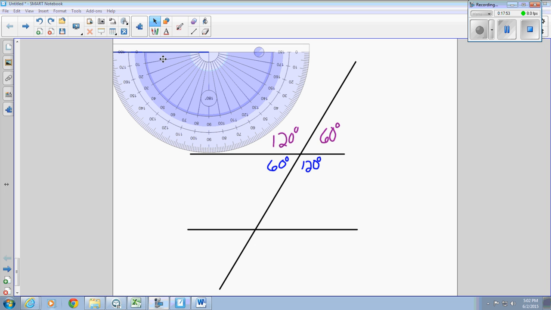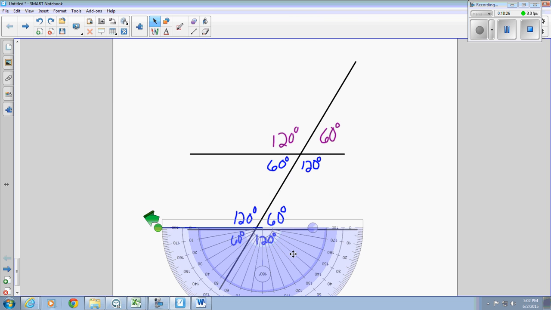The next thing that we need to know is that if these are both parallel lines, this angle here must also be 60 degrees, and therefore this angle must also be 120 degrees, and this angle must also be 60 degrees, and this angle must be 120 degrees, because these are parallel lines.